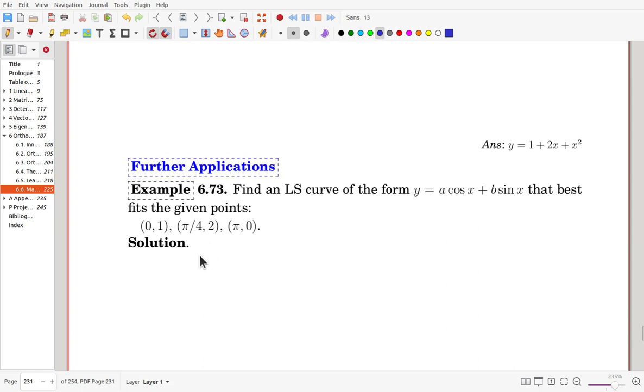Okay, again, we'll make a table for the data points. That is 0 and pi over 4.